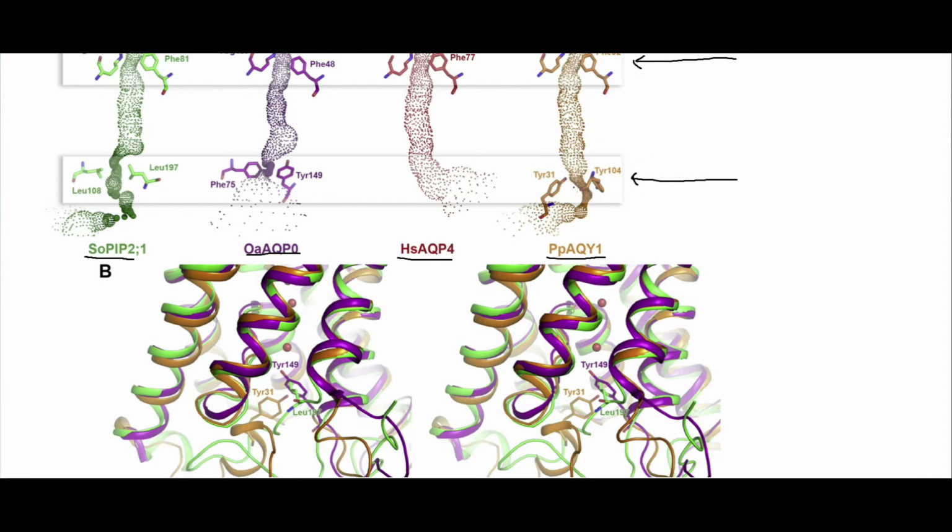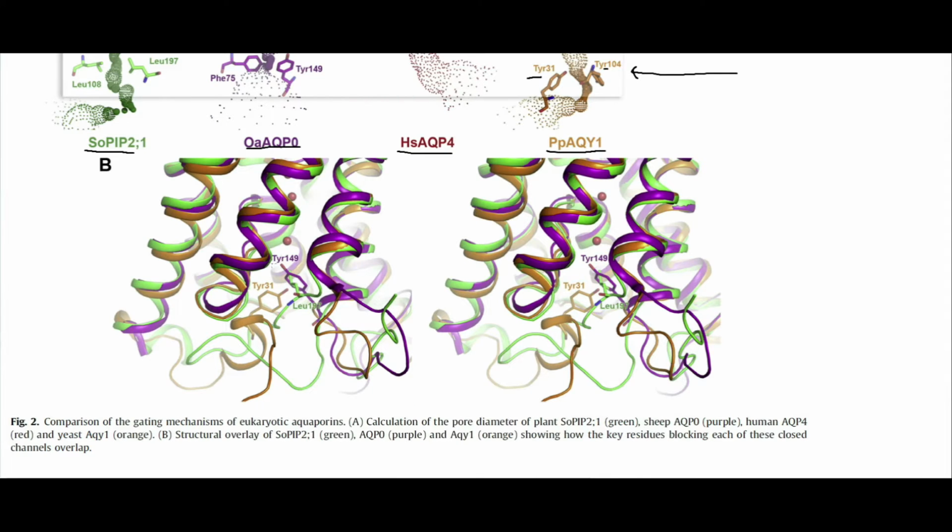So if we're looking at this tyrosine here, that's what we have down here. So we have this tyrosine and this tyrosine. And there's two of them here, and this is something you see a lot of in structural biochemistry. It's that thing where, if you're trained, you can sort of look at it and see a 3D image, because these two images are sort of a little bit rotated from each other, and if you're trained, you can get that sort of illusion of seeing it in 3 dimensions.